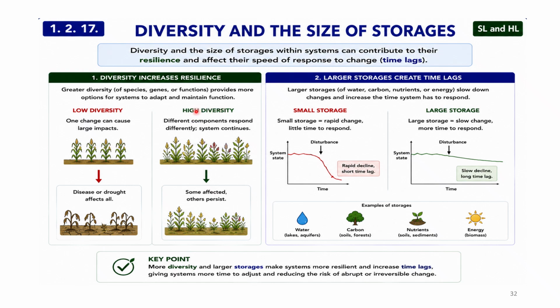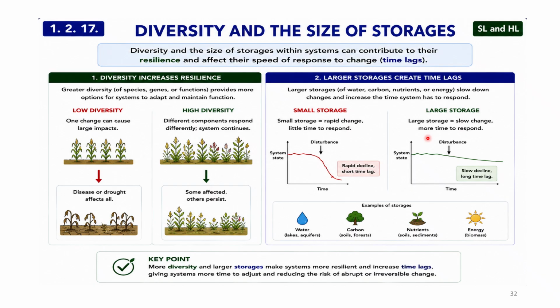In a low-diversity ecosystem, such as a monoculture crop field, a single disease or drought may affect nearly all organisms. By contrast, a diverse grassland or forest contains species with different tolerances, so while some may decline, others survive and maintain essential ecosystem functions.